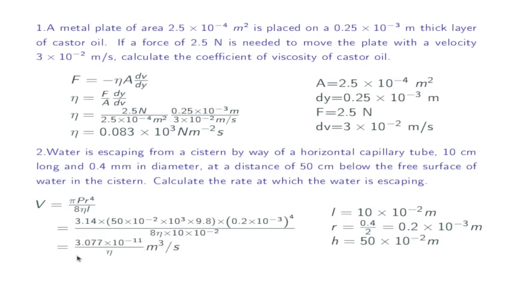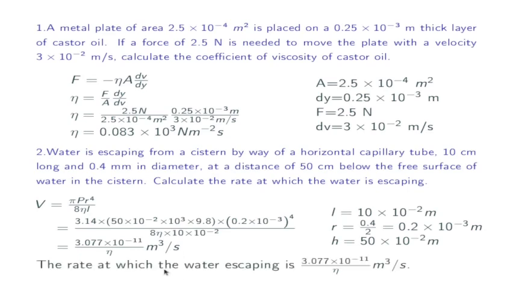So this is given as 3.077 × 10^-11 by eta meter cube per second. The coefficient of viscosity is not given in the question. That means the rate at which water is escaping is 3.077 × 10^-11 by eta meter cube per second.